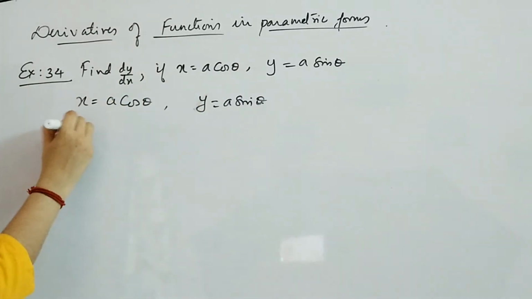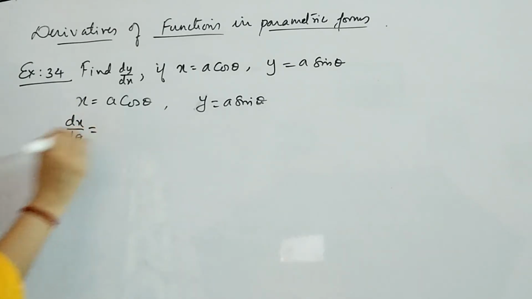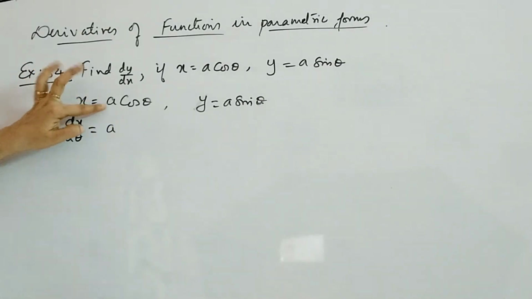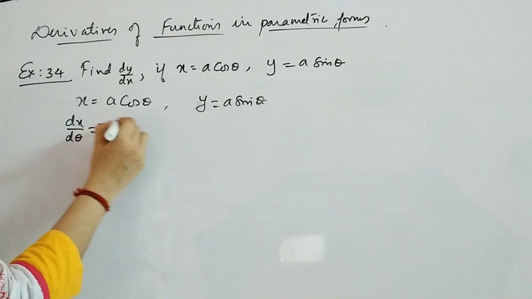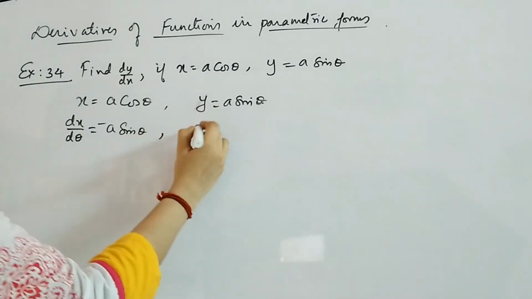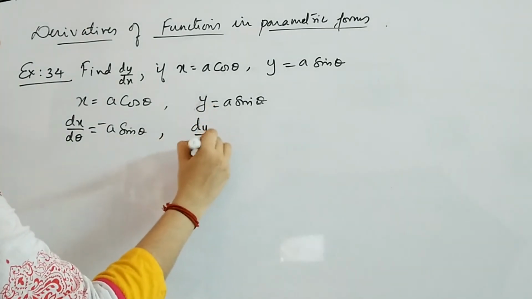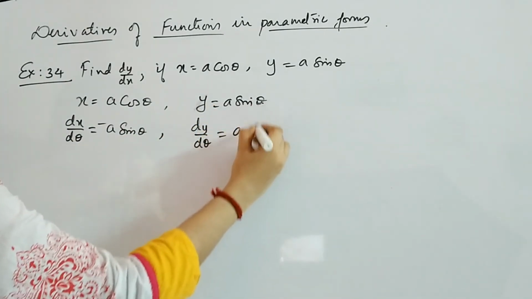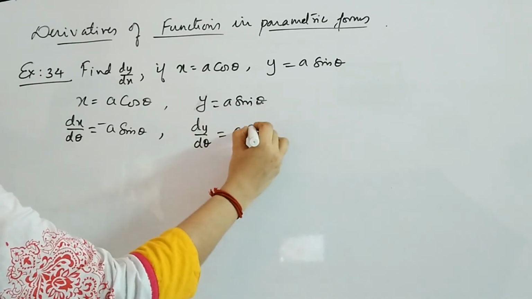So this will give you dx by d theta is equal to, a is a constant, cos theta's derivative will give you minus sin theta. So you are differentiating with respect to theta, that's why you will not have anything like d theta by something, as we do with respect to x. Here you have dy by d theta as a, derivative of a is constant, derivative of sin theta is cos theta.